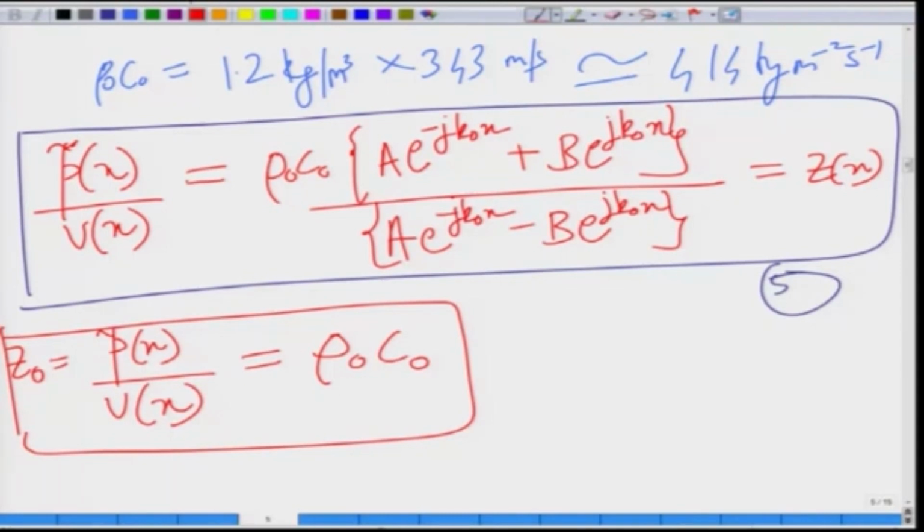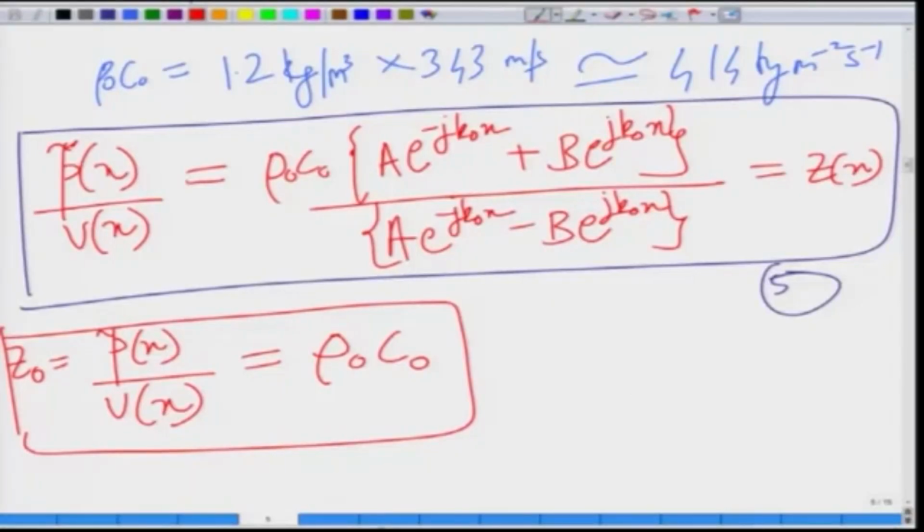Similarly, if you have a wave that propagates in the negative x direction, it is very easy to see that the ratio is then minus rho naught C naught. So, it depends on the direction in which the wave propagates. We can define a convention, but the important point is that rho naught C naught is constant. It does not depend on the cross-section area of the duct, it just depends on physical properties like the density and sound speed, which also depends on the temperature.